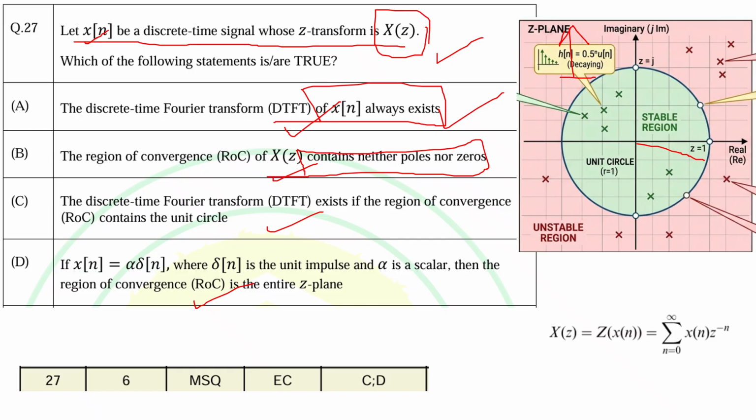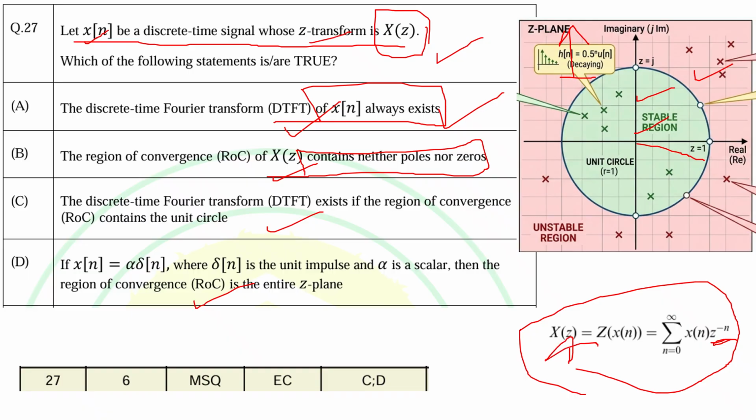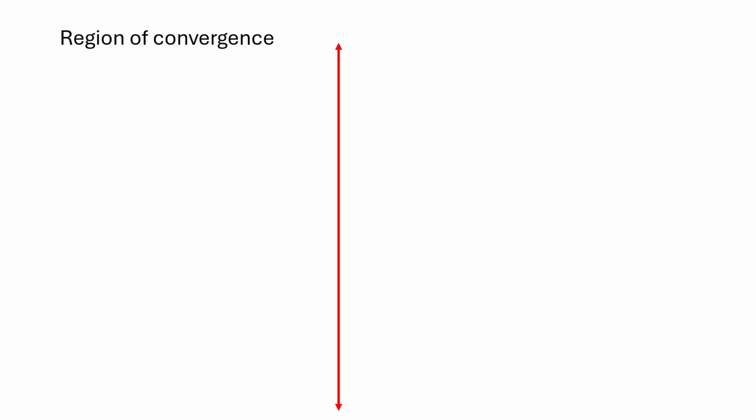If the poles are inside this circle, in the green area, it is stable; outside means not stable. And what is the z transform? The z transform is nothing but the sum of x[n] z to the power minus n. Similarly, the DTFT and z transform are the same, just replace z with e to the power j omega, and you will get the DTFT. Okay, so let's see the solutions.